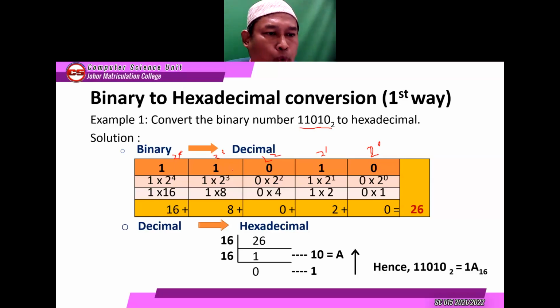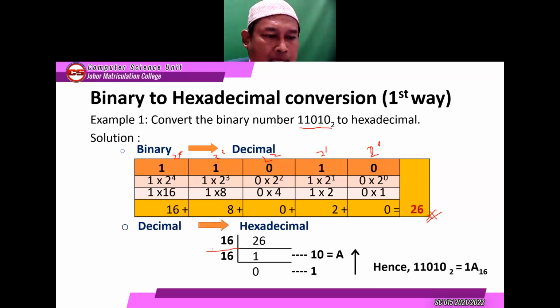Plus 2 power of 3 is 8. And then the next column is 2 power of 1, which is 2. So you must add all the numbers: 16 plus 8 plus 2. The answer is 26. All right, 26 in decimal numbers, you must convert to hexadecimal numbers.